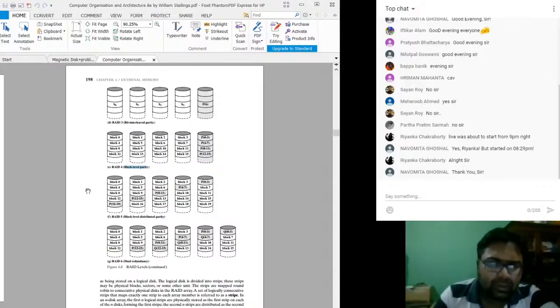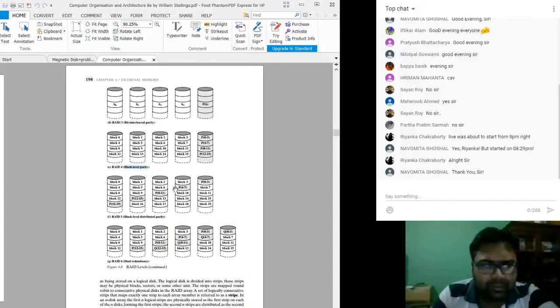So for this reason, in the next scheme, they have placed the parity blocks sequentially. If I have logically 4 disks, additionally I will keep one more disk. So parity will be evaluated for the first 4 blocks, 1 2 3 4, and it will be kept in the next disk.